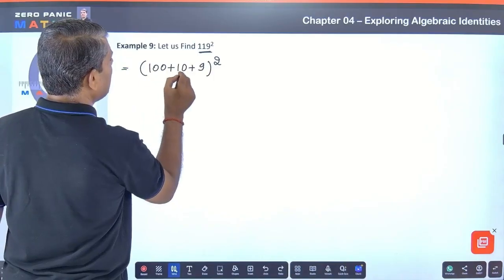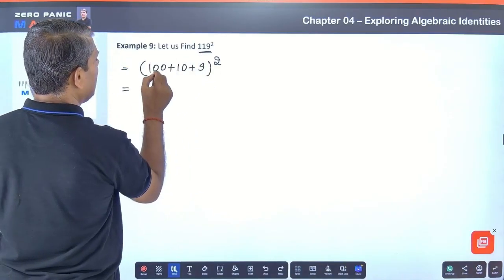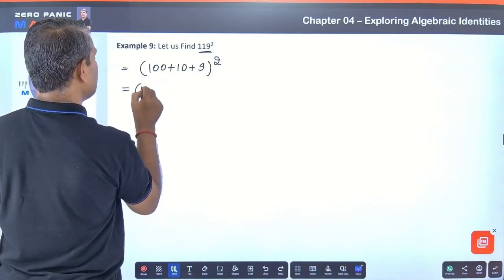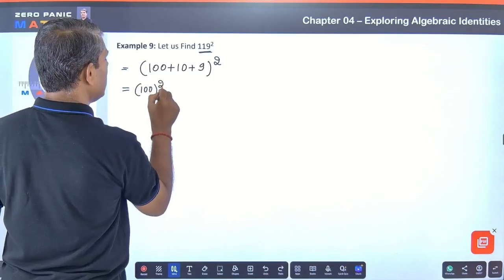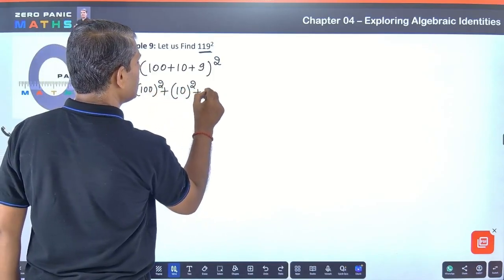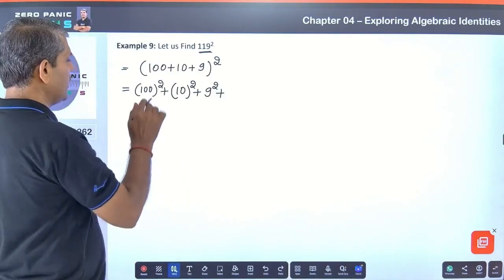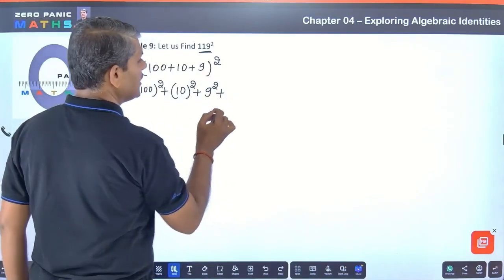It is 100, 110 and 119. Where a is 100, that is a square: 100 square plus b square, that is 10 square, and c square, that is 9 square. It is (a plus b plus c) whole square. So the first three terms are done.